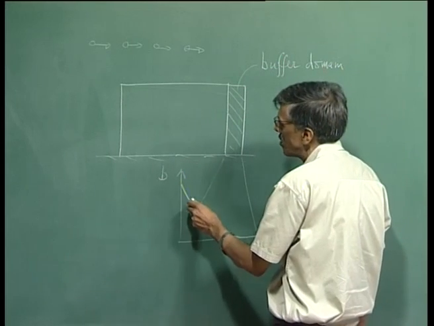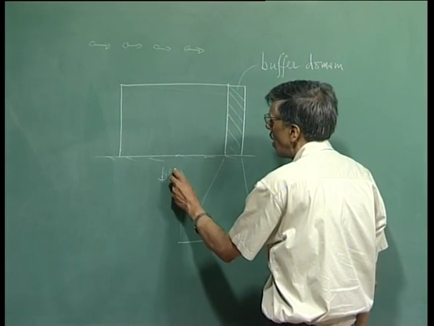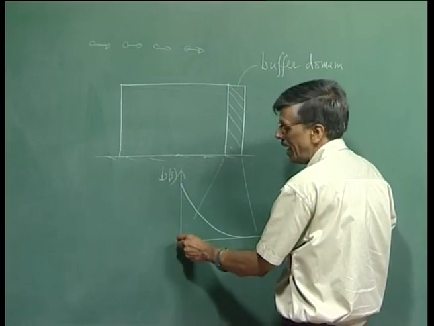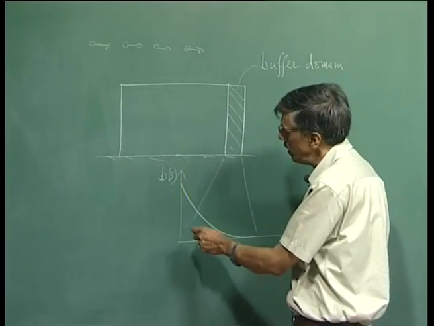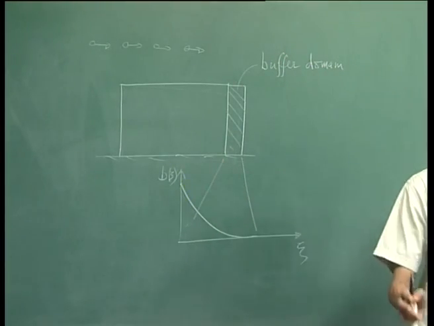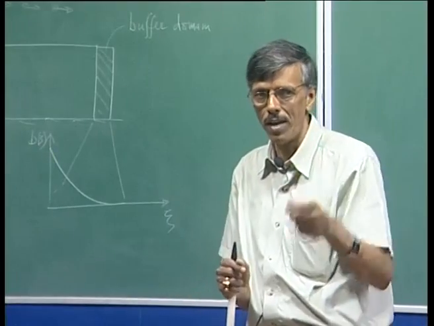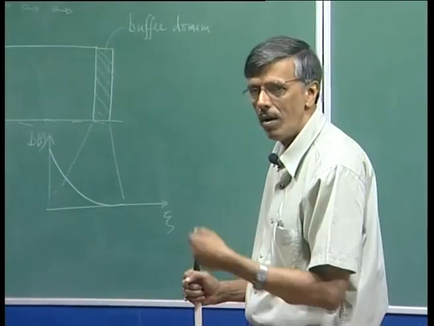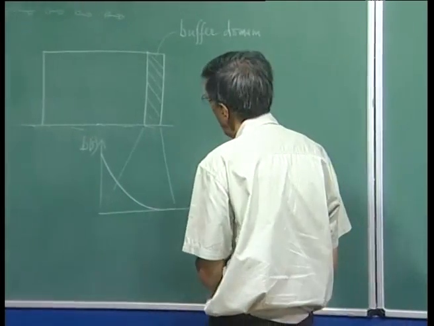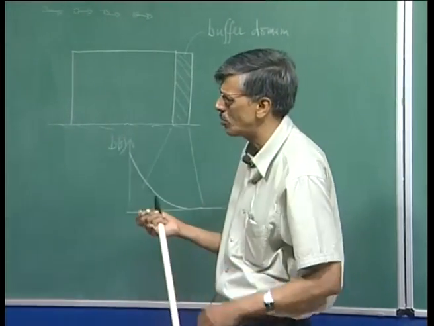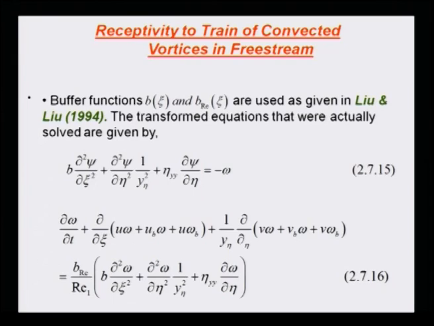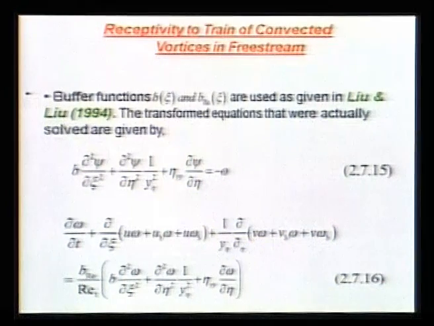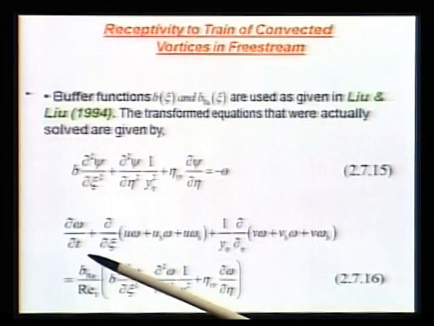So, this is your b of xi. So, at the end of the computational domain, b is equal to 1. So, we are not tampering with anything. It is only in the buffer layer we are bringing the diffusion further down. So, that is what we are doing. So, that is the function b. In addition, what you also notice is that we have multiplied the vorticity diffusion term by another function called BRE.